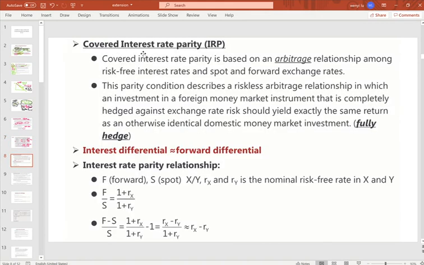Now we studied something in the last chapters we covered before the midterm: interest rate parity and purchasing power parity.